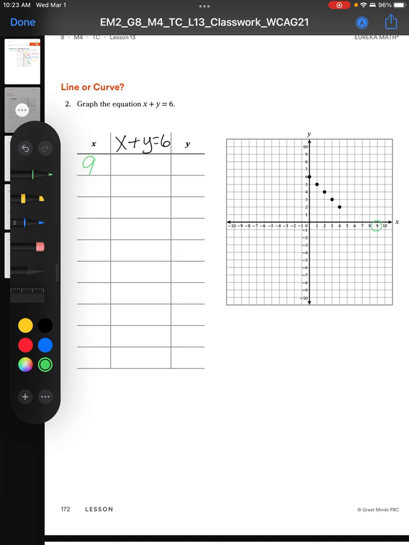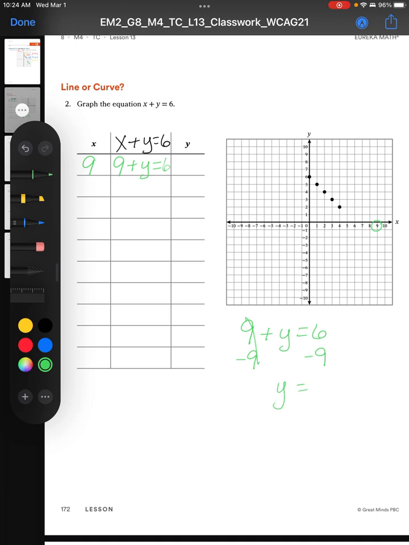When x is 9, what is y? Well, I'm going to replace the 9 in my equation and then solve for y. So I'm going to just do that down here. 9 plus y equals 6. I want to get y alone, so I'm going to subtract 9 from both sides.